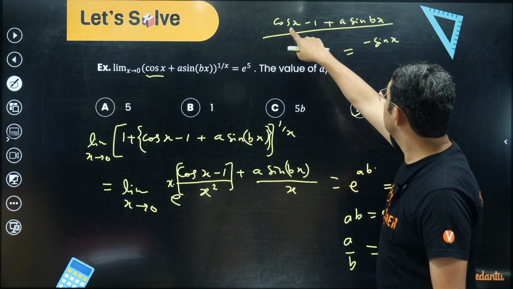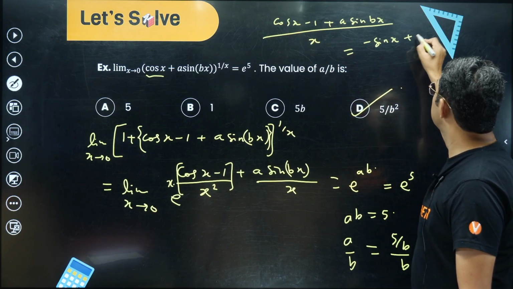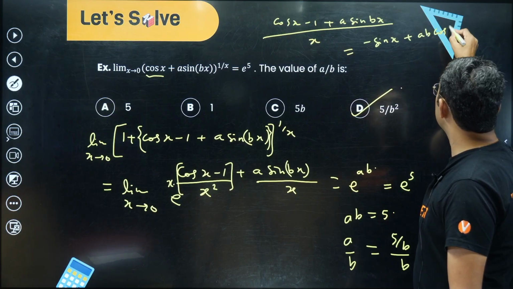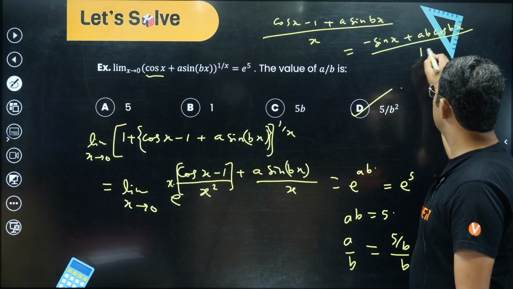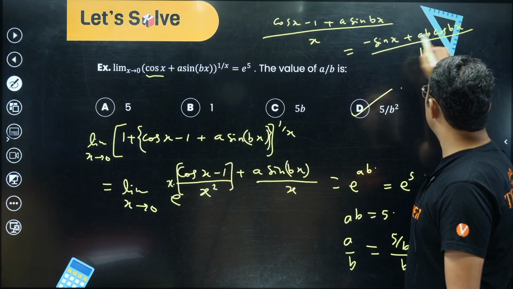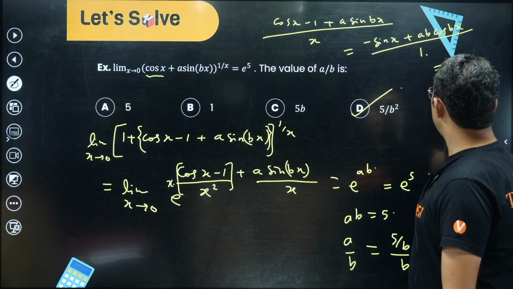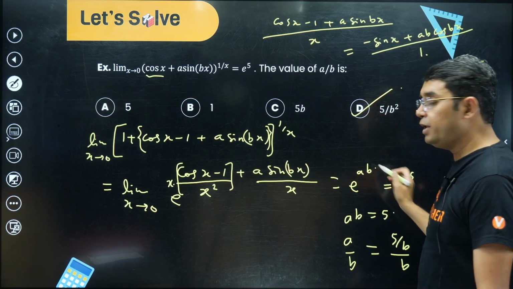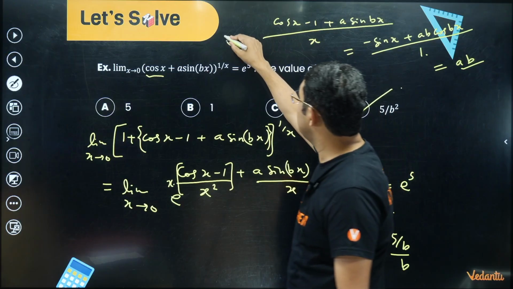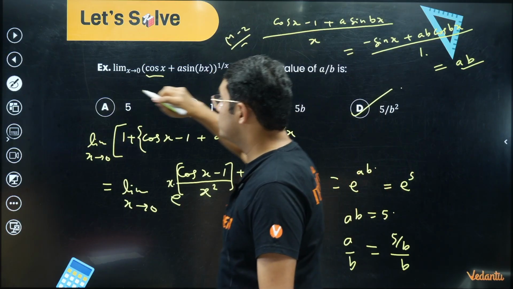If you differentiate it, minus sin x plus a into b cos bx upon 1. Now putting x equal to 0 will make this 0, and this as 1, so the limit will be ab. And the same thing we got here also. So the second method for this limit would be the LH rule.